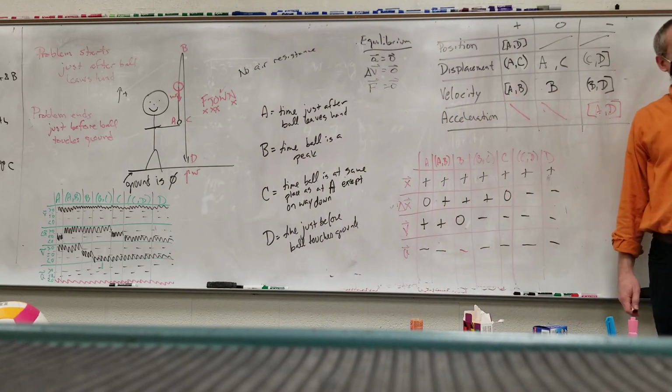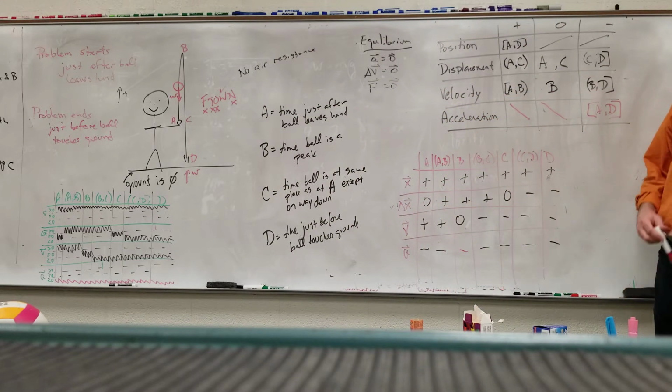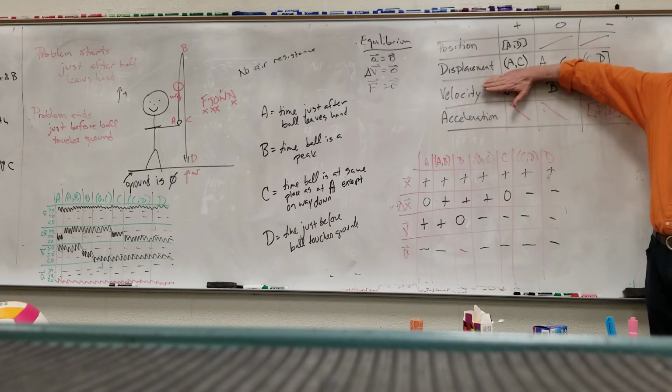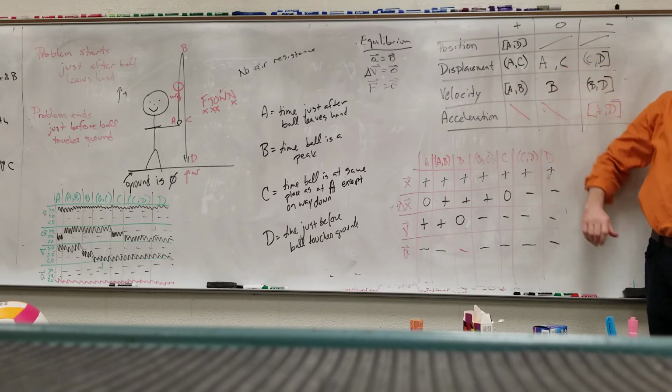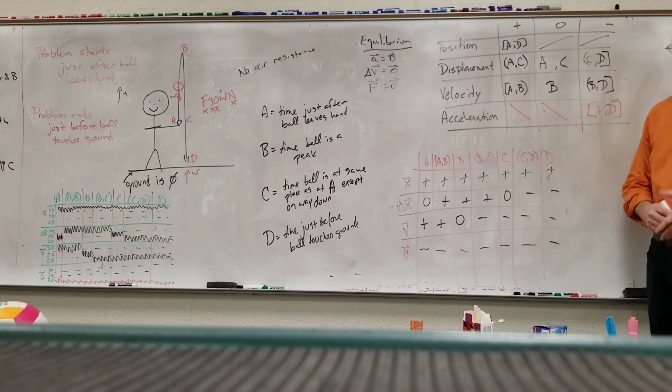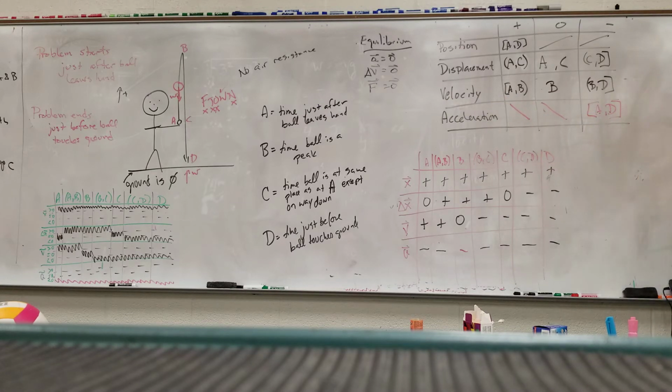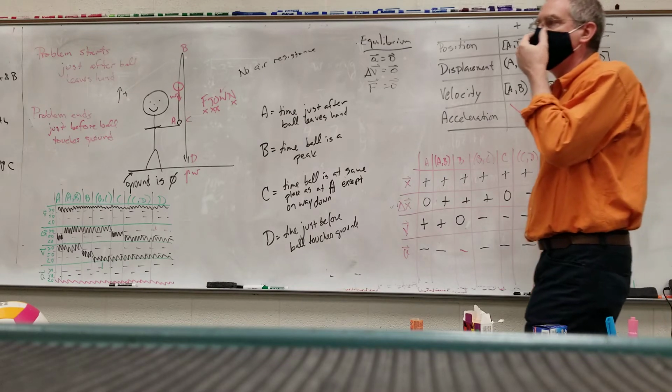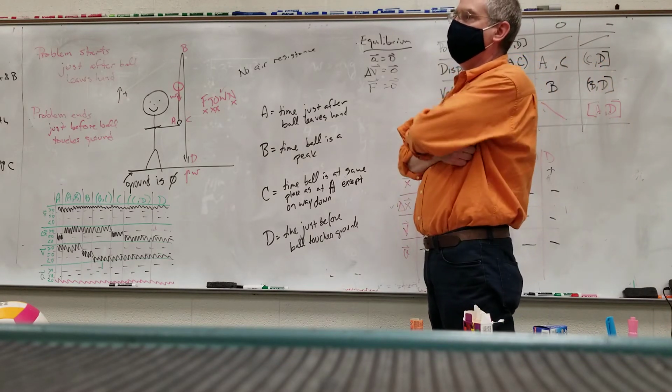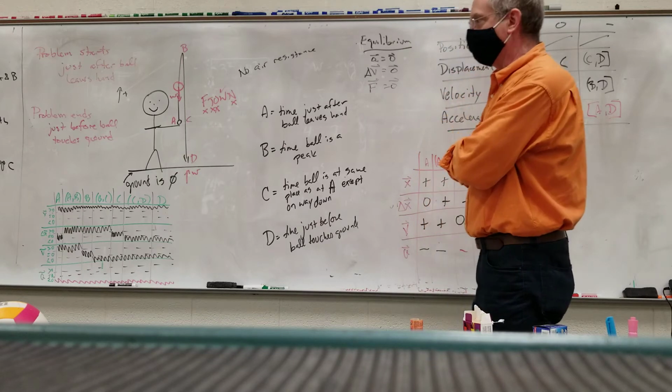If I said average velocity, that's something very different. Average velocity would be the same as the displacement. But this is instantaneous velocity. It's falling from B to D. So you said acceleration has to do with the force. Yes. Okay, I see why it's like that.